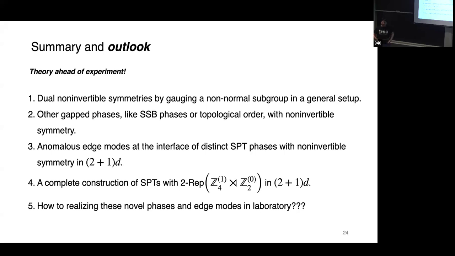But it has not been discovered yet. And also the non-invertible duality transformation like Kramers-Wannier, like gauging Z2, can be implemented in the laboratory by doing some measurement, starting from phases or states with group symmetries. Yeah, this could potentially be another way.